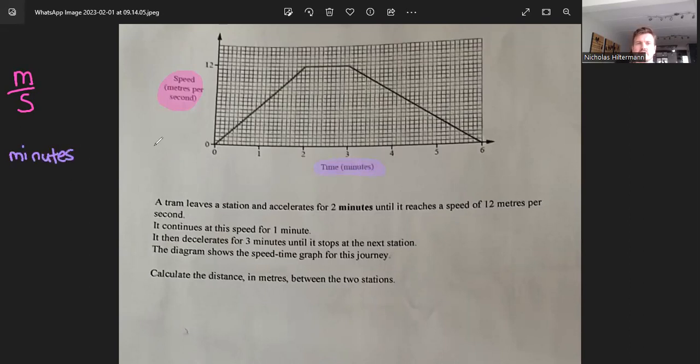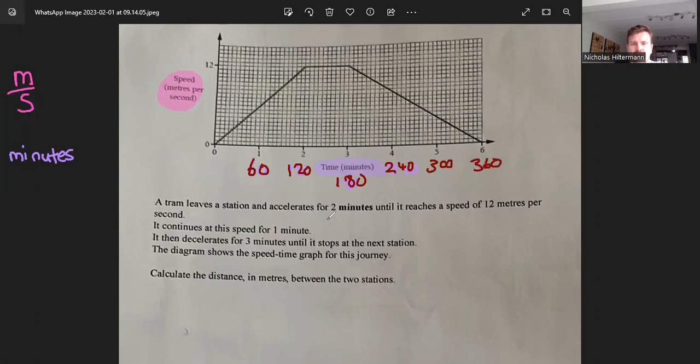Okay, now the issue with this question is you have one thing in meters per second and the other thing in minutes. So to make things easier for myself, I'm going to convert this to seconds. So 1 minute is 60 seconds, 2 minutes is 120 seconds, 3 minutes is 180 seconds, 4 minutes is 240 seconds, 5 times 6 is 300, and this is 360.